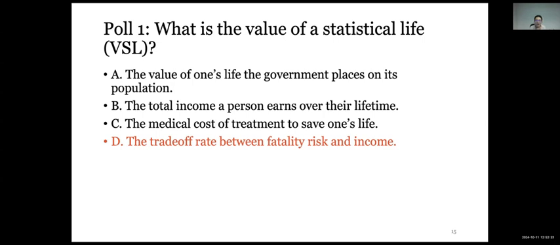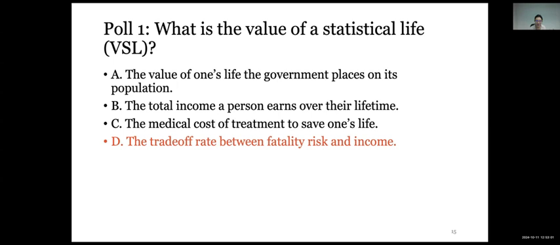The second option, the total income earned by a person over their lifetime, is a common estimate used as an alternative to the value of statistical life, but its value is much lower because it does not consider other intangible factors. This method is often used in the human capital approach, which captures the productivity of a person's life over their lifetime.